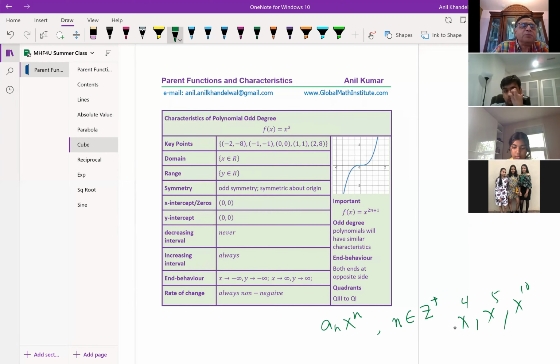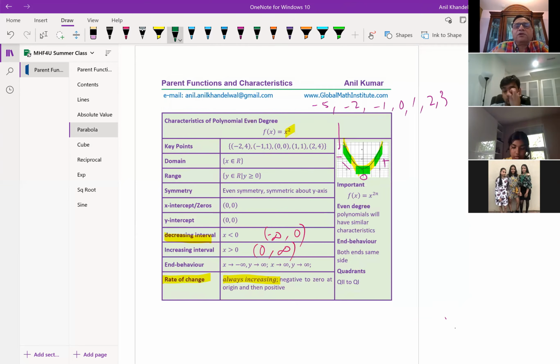Okay, and therefore, in the last example, I have also mentioned here that any function x to the power of 2n, do you see that 2n? Even powers. So if I have the graph of x to the power of, let us say, 8, the graph will be kind of like this. I'm showing it broader.